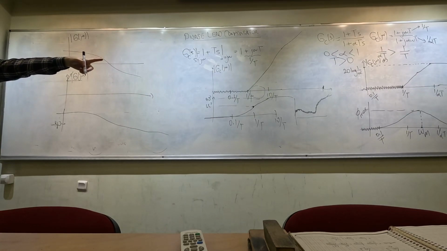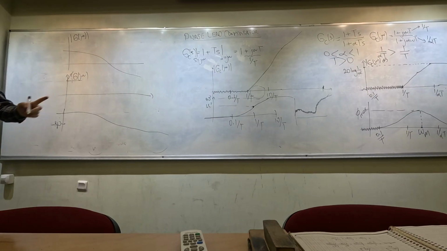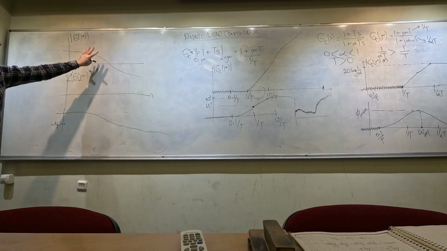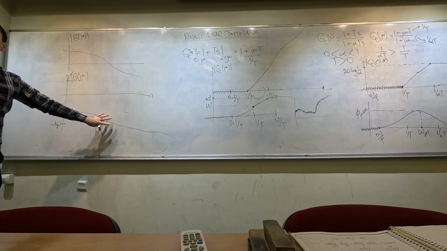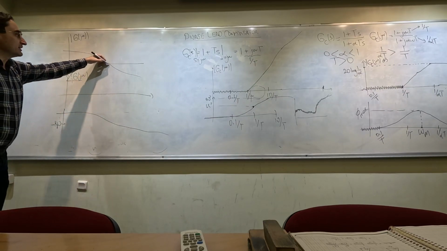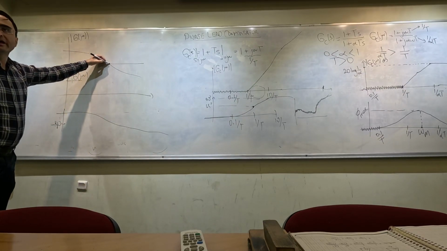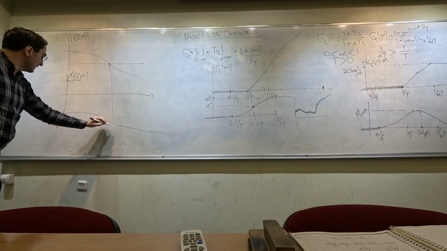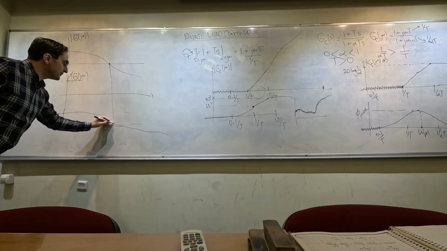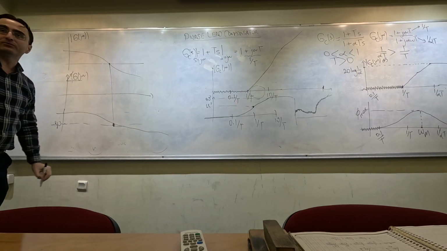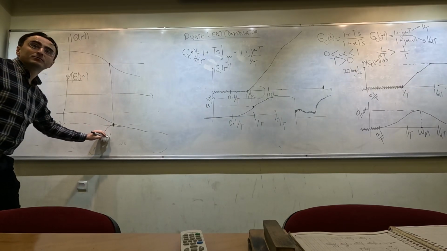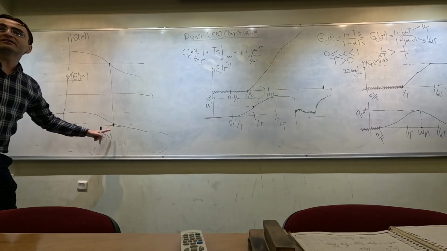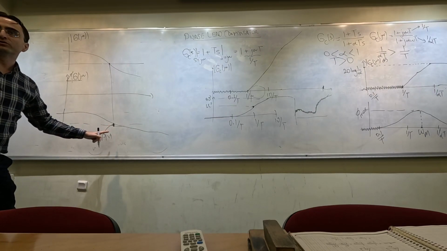When I use this compensator, what is going to happen? That magnitude is going to be added here, and that phase is going to be added here. Currently, this is my gain crossover frequency, and the difference between this phase and minus 180 degrees is going to be my tiny phase margin. I won't like this phase margin in my closed loop system.